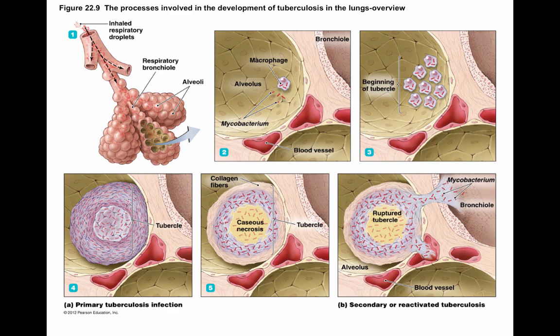Disseminated TB results when the macrophages carry the pathogen by blood or lymph to a variety of sites, including bone marrow, spleen, kidneys, spinal cord, and even the brain. The common name for disseminated tuberculosis is consumption. Consumption reflects the wasting away of the body, resulting from the involvement of multiple organs and multiple sites.